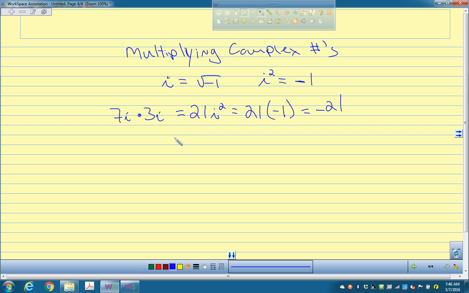But you have to be really careful, okay? Because say I have something that looks like this: the square root of -4 times the square root of -9. Who thinks they know the answer to that?